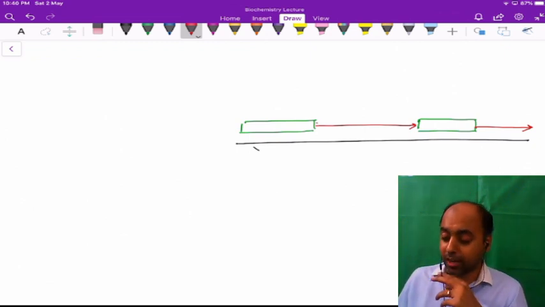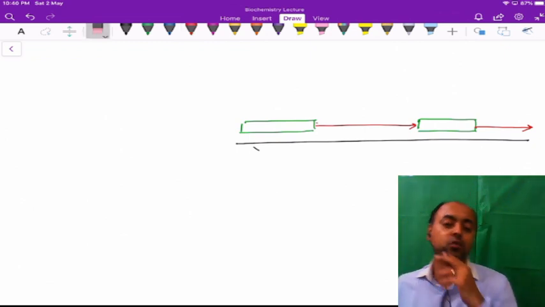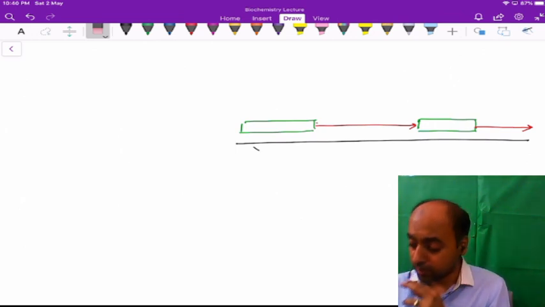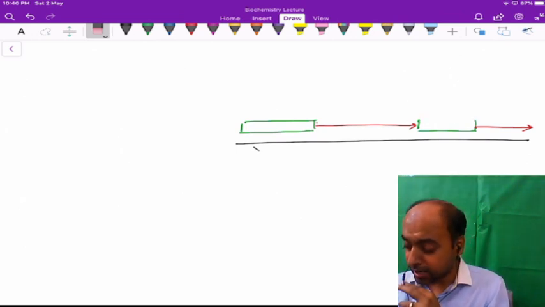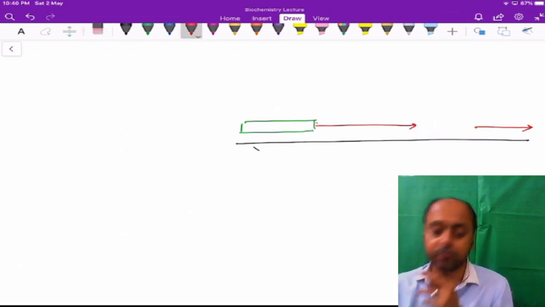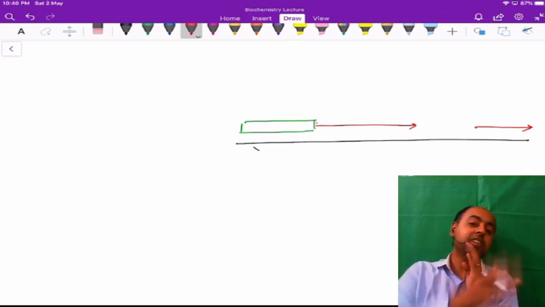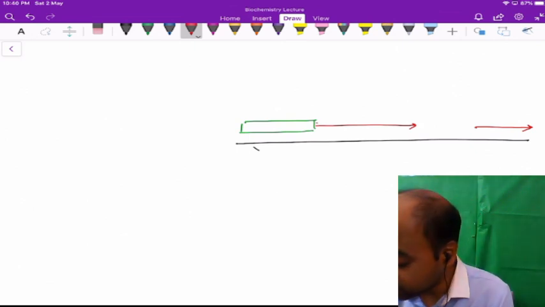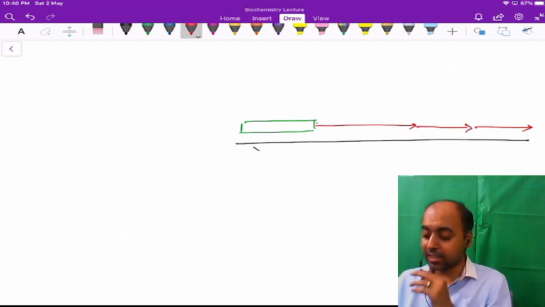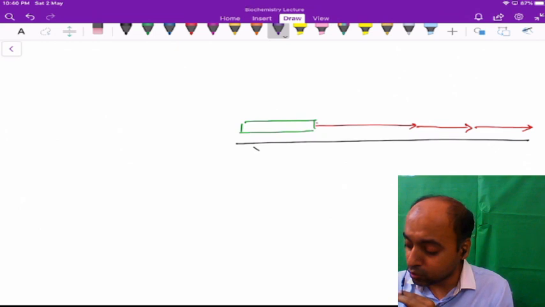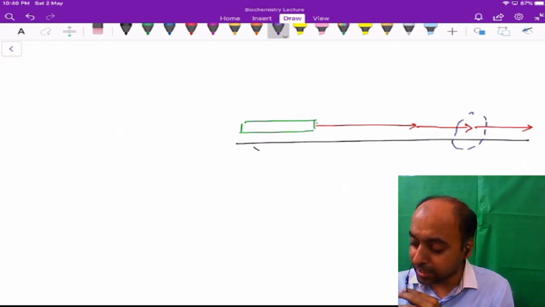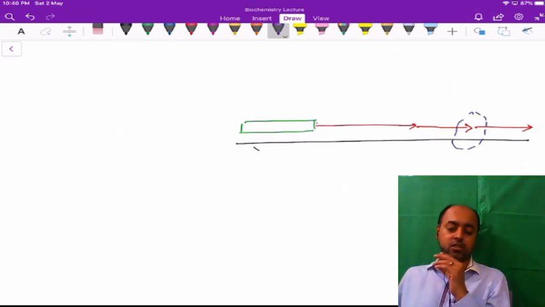So recall what happens when we have the role of the DNA polymerase 1. The RNA part of the Okazaki fragment is removed, and the gap is filled by extending the next Okazaki fragment. So this Okazaki fragment will be used for extending and filling the gap, and subsequently the two will be joined by the action of DNA ligase.